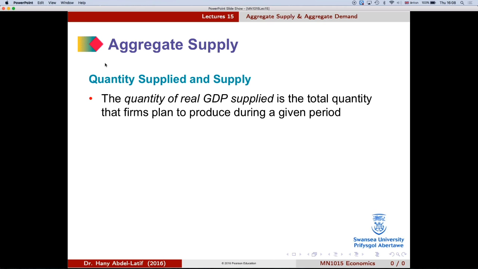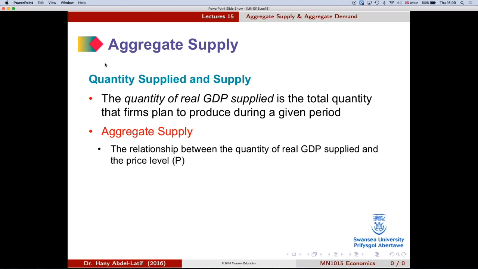So that means the quantity supplied will be the quantity of real GDP. Remember, we're not looking at one good or one product. We're looking at everything we produce in an economy. So the quantity of real GDP supplied will be the total quantity that firms plan to produce during a given period. So that's the aggregate supply then.